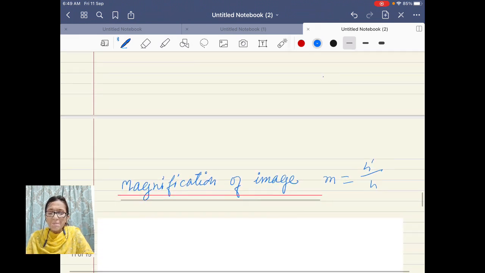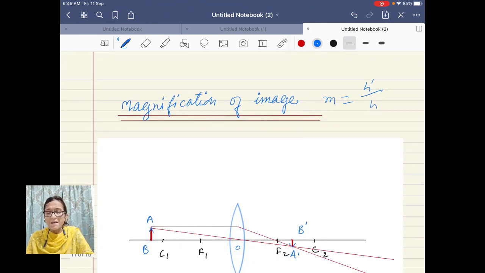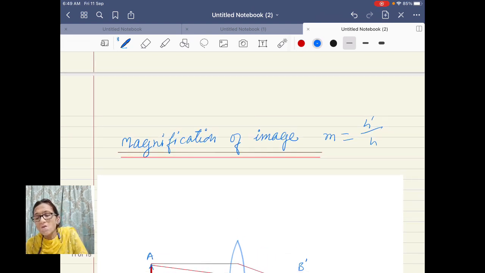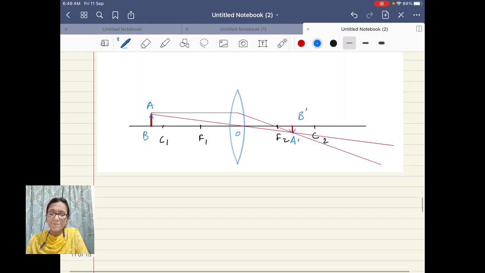Now we will find the magnification of the image. When an image is formed, it may be formed smaller than the object or it may be formed larger than the object. So the number of times by which the size of the image is changed with respect to the object is called magnification. And magnification is given by image height upon object height.